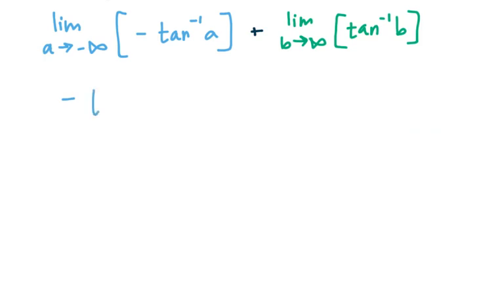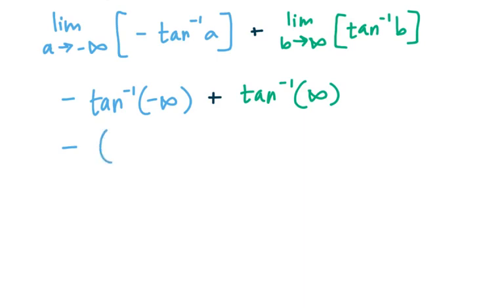So I have negative tangent inverse of negative infinity plus tangent inverse of positive infinity. And through more precise mathematics, we can show that that limit is negative and positive pi over 2. But for the sake of time, we said that is negative pi over 2 plus this one is positive pi over 2.